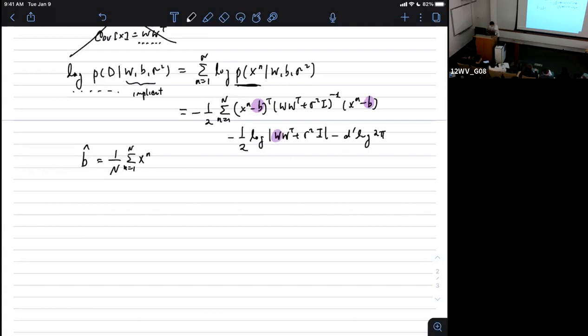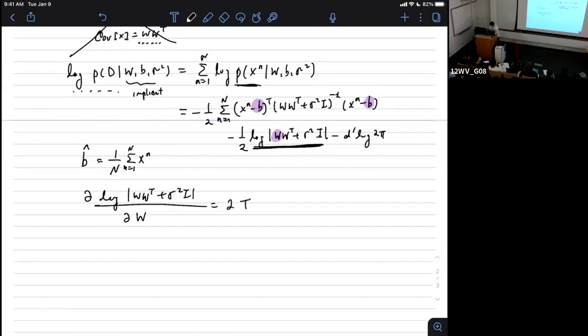To compute this, you need to compute the derivative of this log determinant, which is a bit tricky. But I'll just give you the actual value. You need to compute the gradient here.